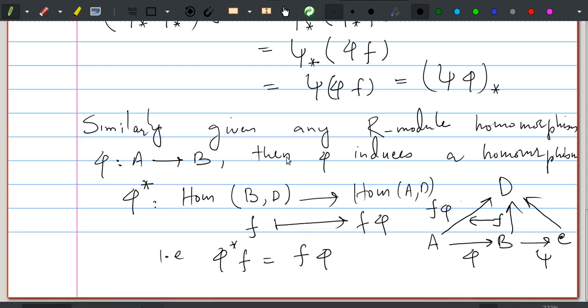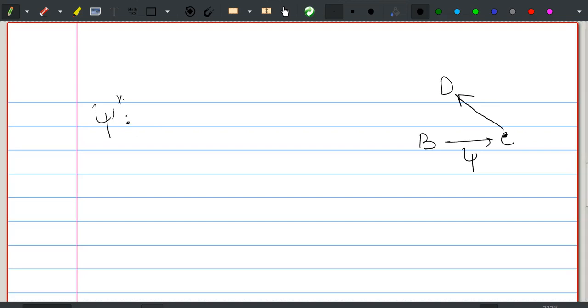And likewise, if we have module D here and B to C, we have a module homomorphism, suppose psi, then this psi induces a homomorphism psi star from Hom CD.